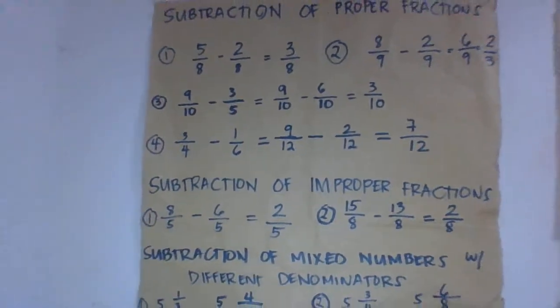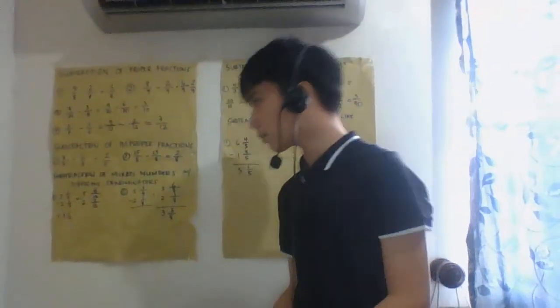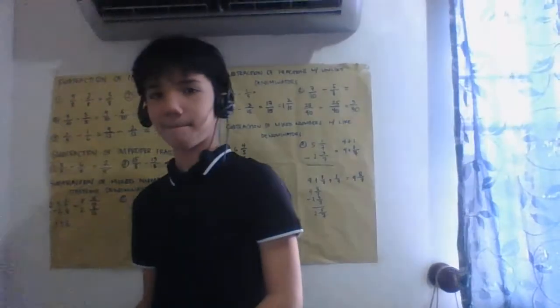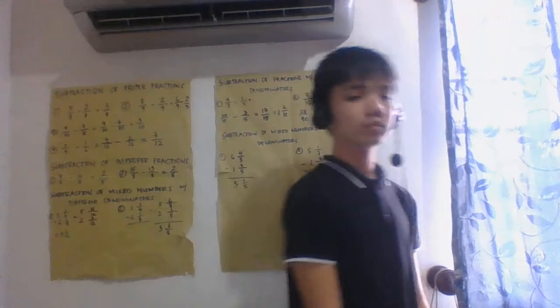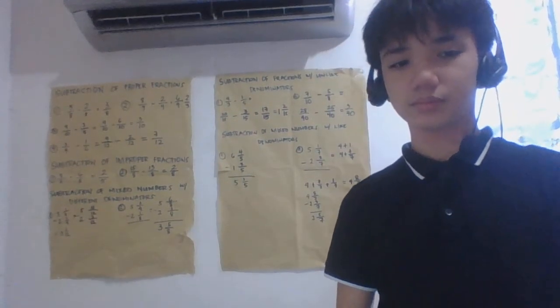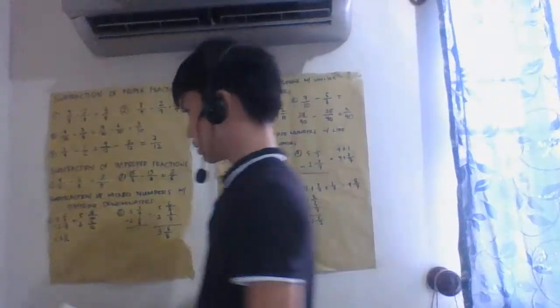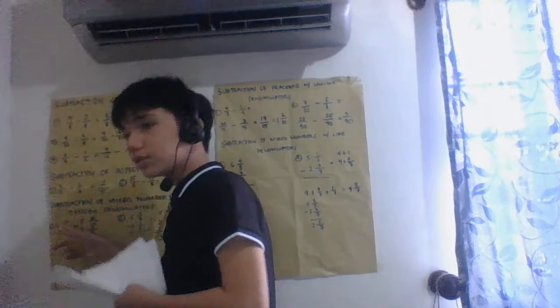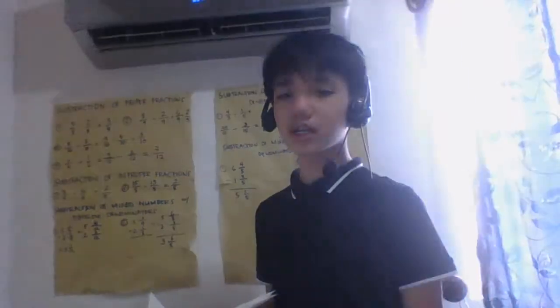Next is subtraction of mixed numbers with different denominators. So we need to rewrite the problem in vertical form. Compare the two fractions.